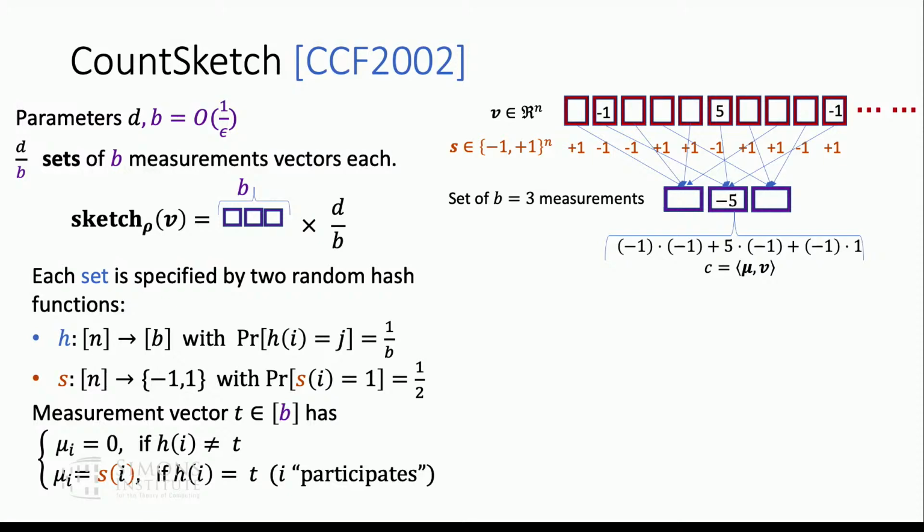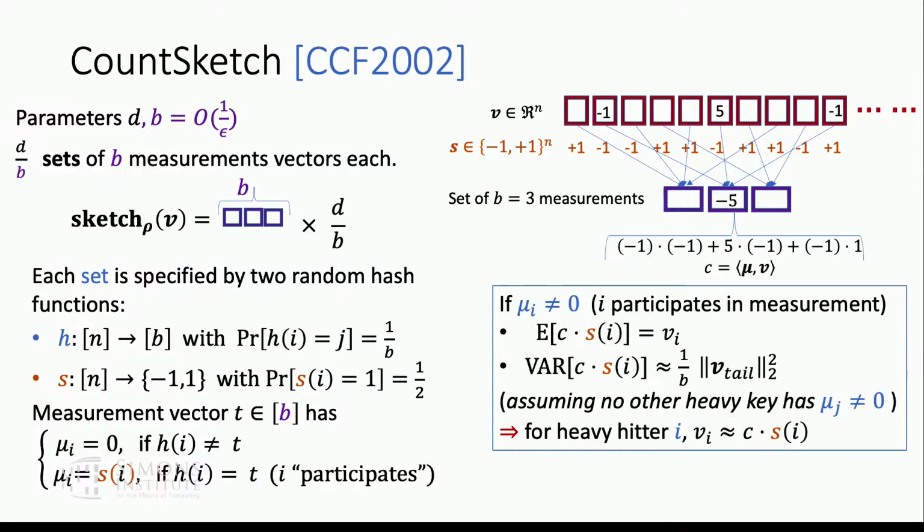So what does this give us in terms of heavy hitters? For each key, suppose we want to know if it's a heavy hitter, we look at the bucket it maps into. The value it contributes to it is its value multiplied by the sign. Then there would be 1 over B of the other entries, let's say no other heavy hitters map to it.